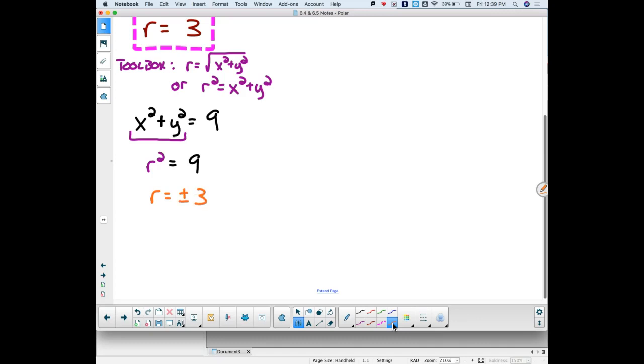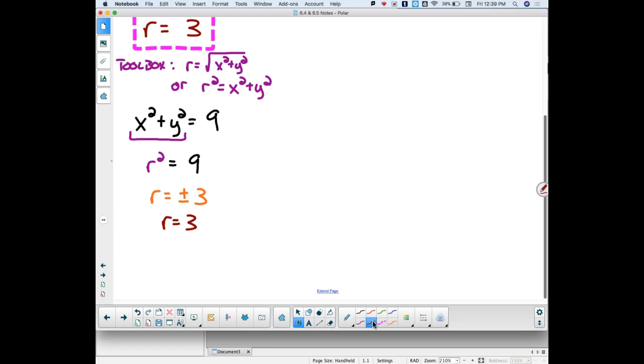But having a radius of positive 3 and having a radius of negative 3, when I go all the way around the circle, it's going to give me the exact same thing. So that's why we just say r is equal to 3.